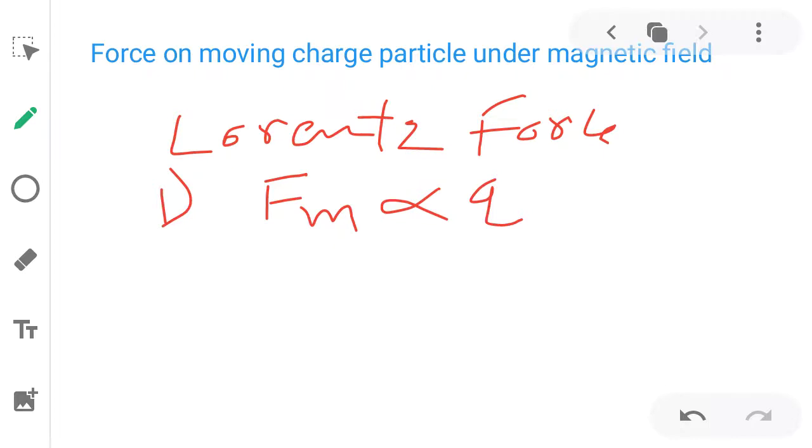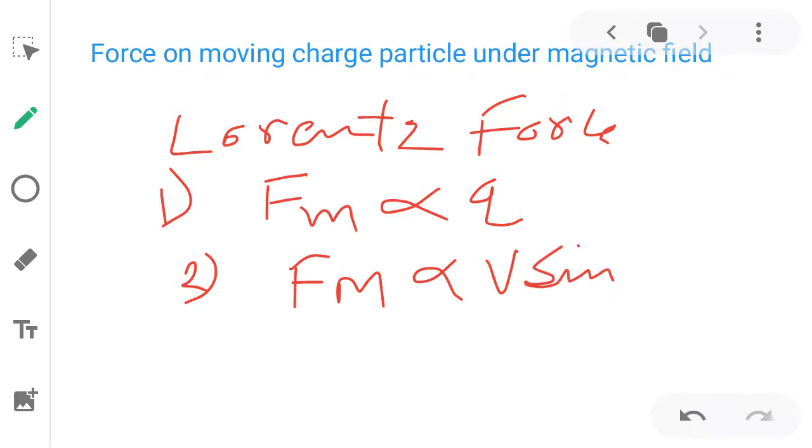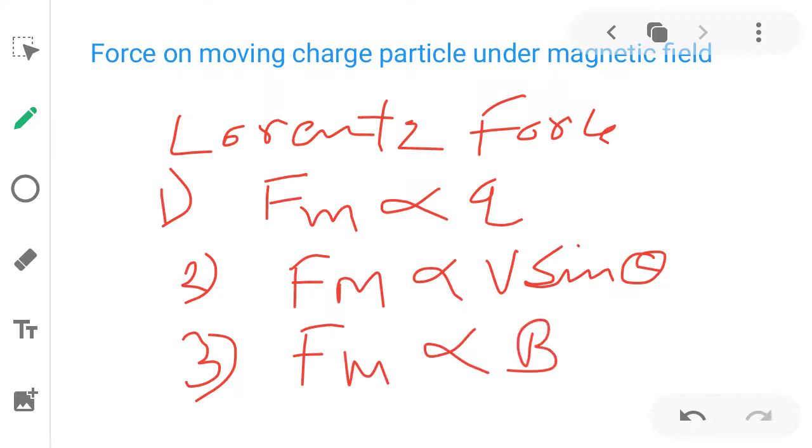Second, the magnitude of force is directly proportional to the component of velocity perpendicular to the direction of the magnetic field, which is v sin theta. And third is the strength of the magnetic field applied.